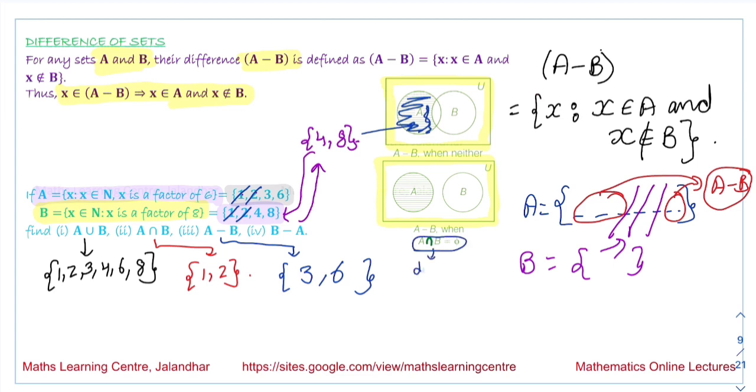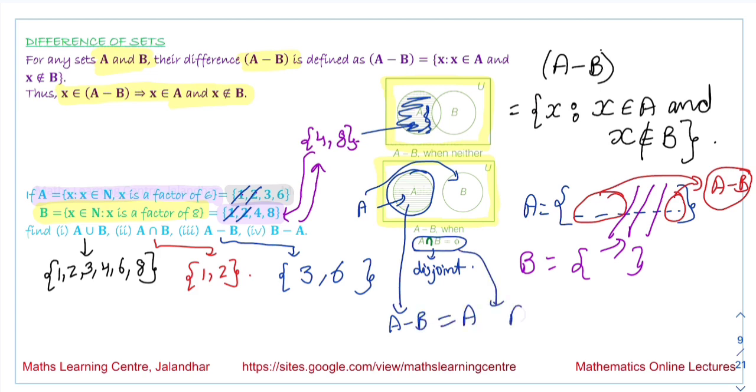It means A and B are disjoint, they have nothing in common. Then A minus B will be the set A itself. There is no common element with B, so nothing is removed from this set. So A minus B is the complete set A when we have the condition that A intersection B is equal to the empty set.